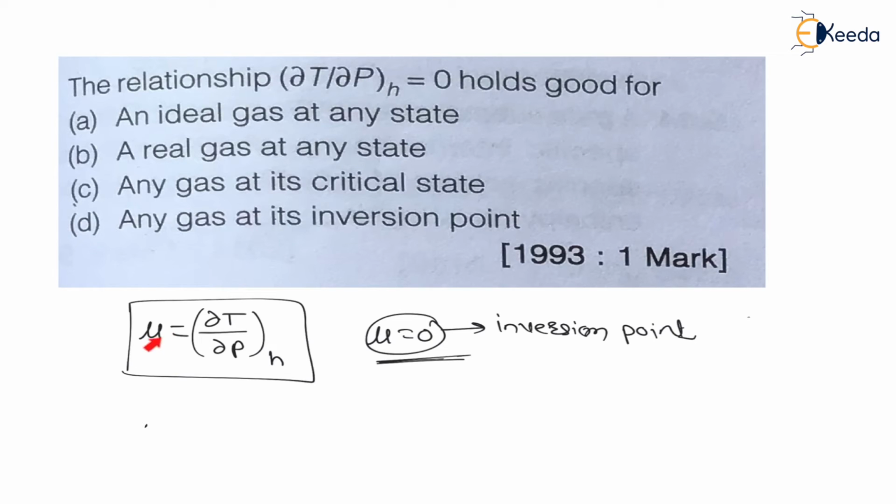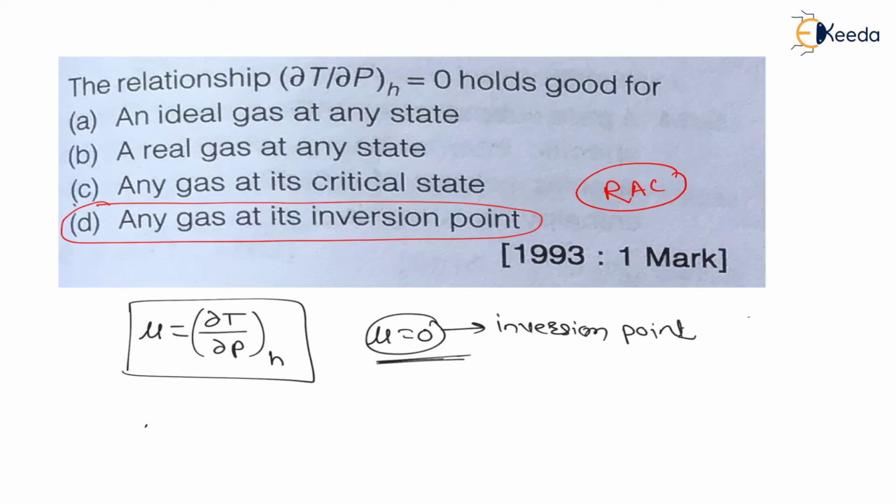Whenever this Joule-Thomson coefficient is 0, the point is called the inversion point. Therefore, this relation holds good at the inversion point, and for this question, answer D is correct. The solution and the concept of this question you will find in the refrigeration and air conditioning topic, where I have taken the topic called methods of refrigeration.